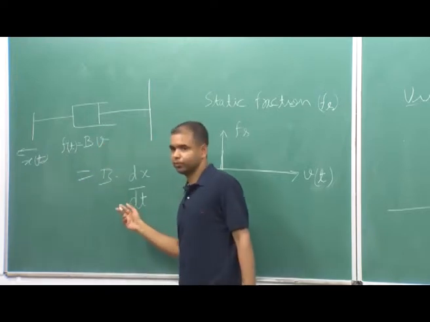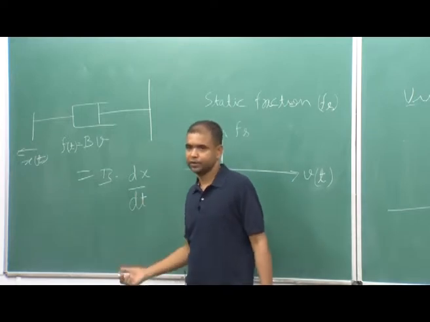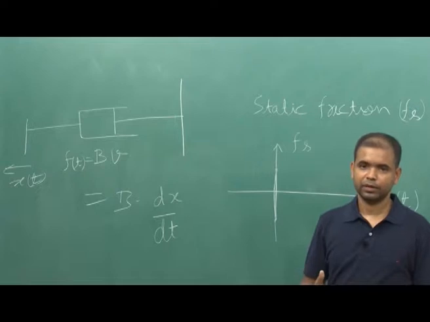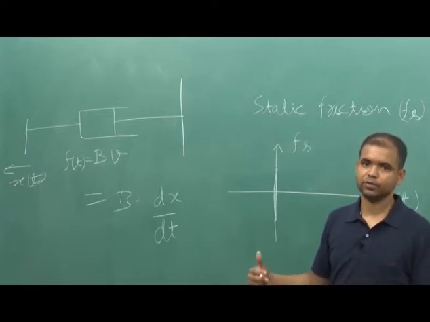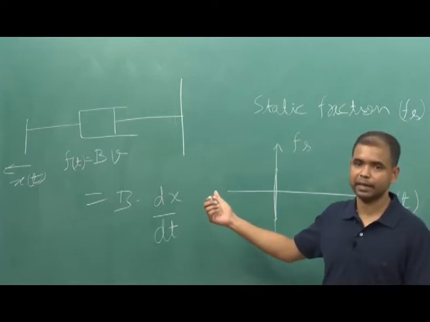Whenever the force is proportional to the rate of change of displacement, it has an inherent tendency to dissipate energy from the system to the environment, and this will cause damping. That is why you call it a damper also.